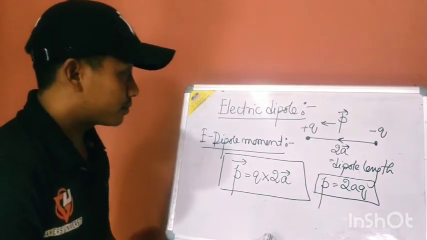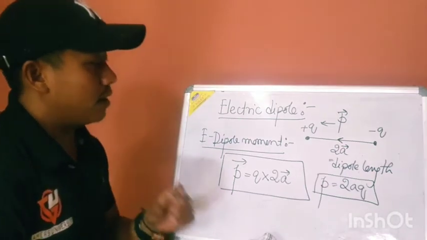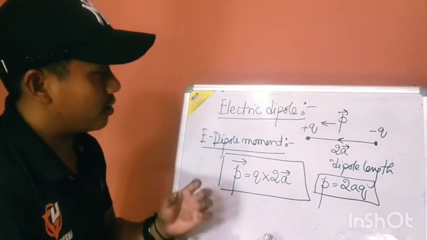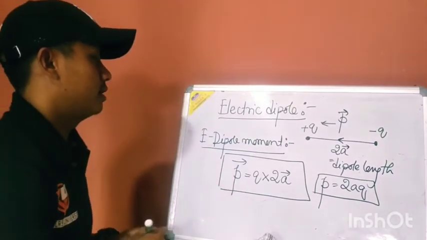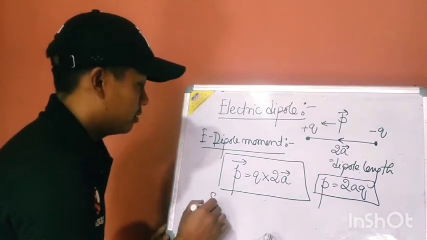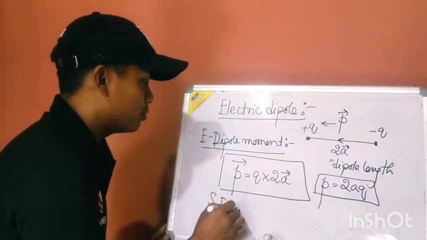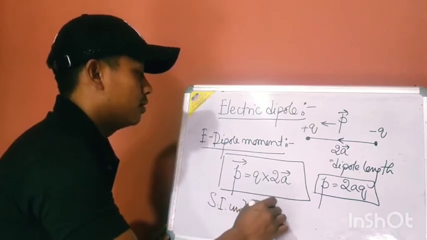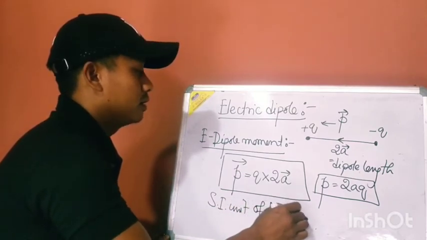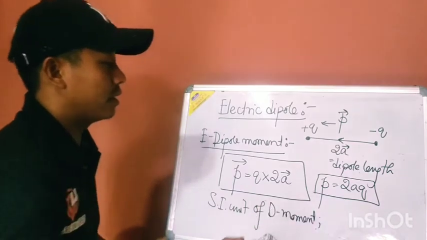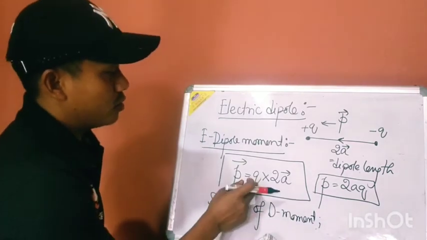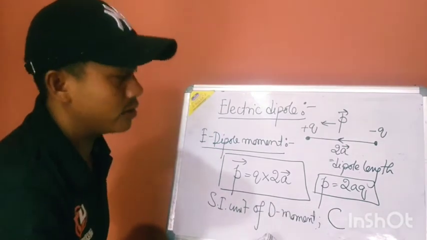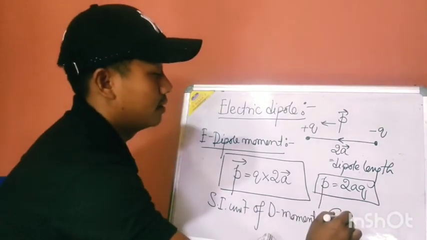Then let us think over the SI unit of dipole moment. These units are very important. What is the unit of charge? Coulomb. What is the SI unit of distance? Meter. Coulomb meter.